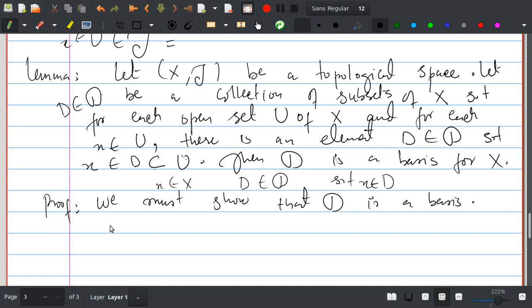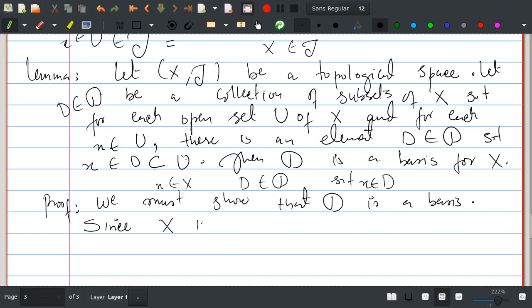Now since X is an open set, since we know that if this is a topological space, then X belongs to this tau, i.e. X is open.